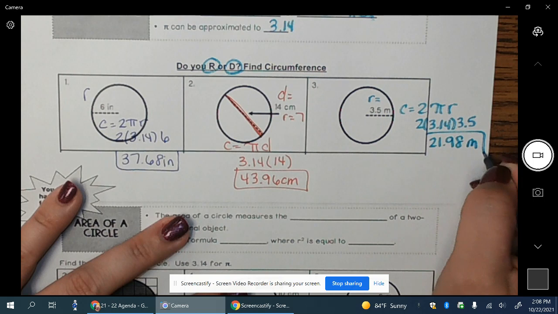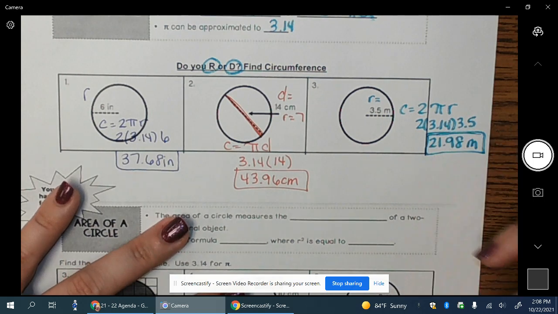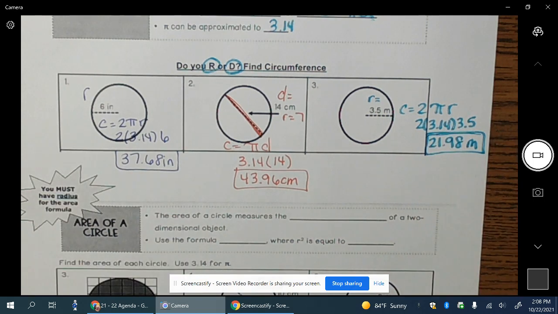Meters. Okay. So all we're doing today is just reminding you of how to use these formulas. Nothing too crazy. It looks a little crazy if you look at our cylinder formula, but if you just do each part at a time, it's not bad, I promise.